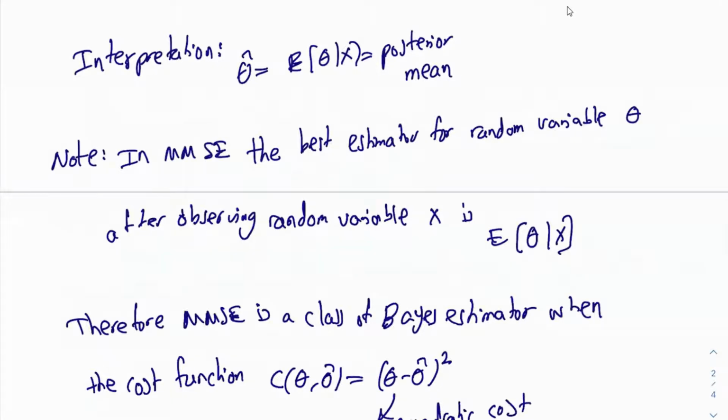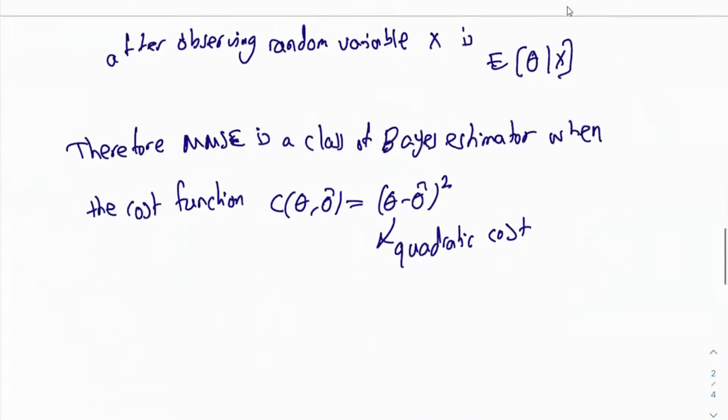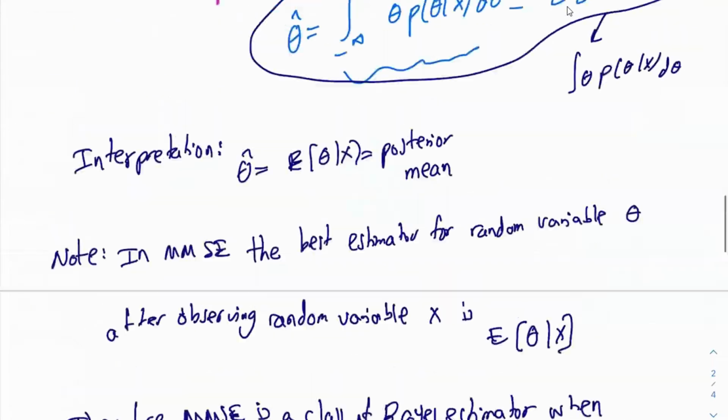Okay, so we could just start from the Bayes estimator and say, you know what? Now that you understand the Bayes estimator, go ahead and replace the C by the quadratic cost. Then you get MMSE. So what is MMSE? MMSE is a type of Bayesian estimator when the cost function is quadratic cost. Good. Easily. So now we relate this one to MMSE.